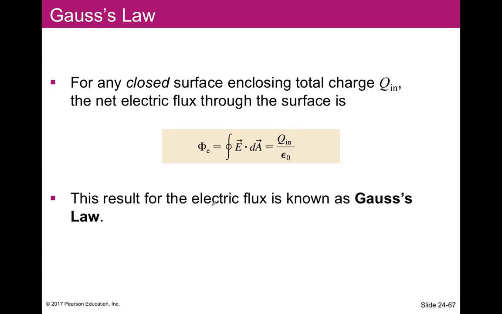This result for electric flux is known as Gauss law. Gauss law is a very general law. So in any case, if you have charges and a surface, Gauss law is always true. It's more general than Coulomb's law.